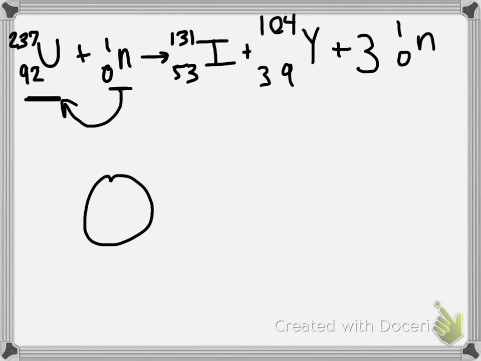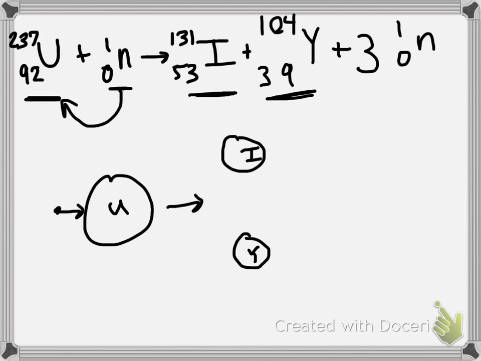So here's our uranium, and a neutron would hit it, and it would then create iodine 131 and yttrium 104. So now it breaks apart into these two smaller atoms of iodine and yttrium, and three neutrons also break off. So then we have 1, 2, 3.